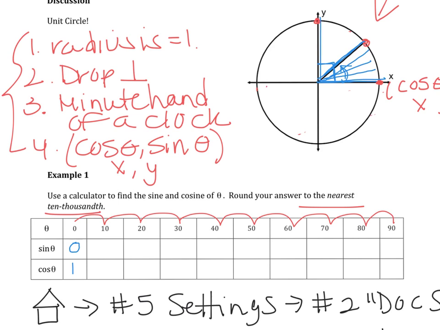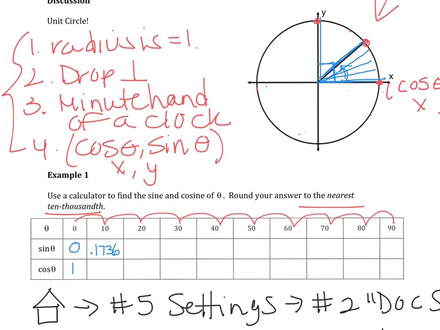So put in your calculator sine 10, click enter, and hopefully you got the same result as I did, which is 0.1736. We're rounding to the nearest 10,000th, so that's 4 decimal places to the right. Do this for cosine.